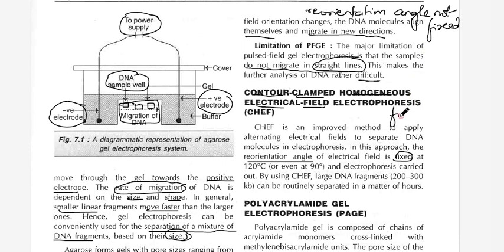For example 120 degrees, or even 90 degrees, and electrophoresis is carried out. So large DNA fragments like 200 to 300 kb can be routinely separated in a matter of hours.